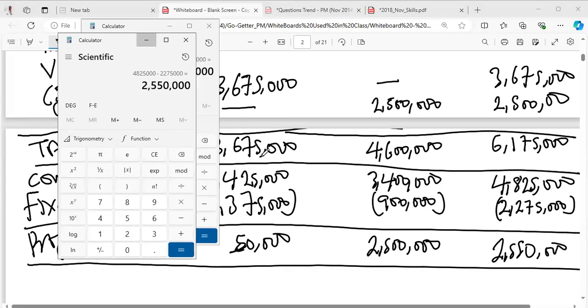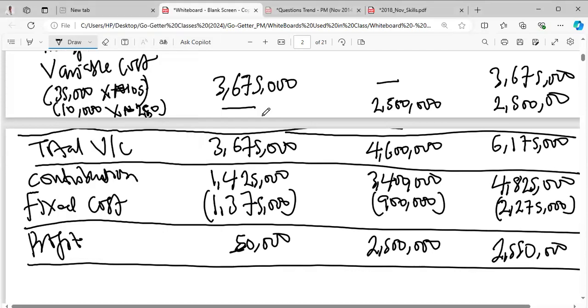So we've done the first group, and they particularly asked for the profit of each group, for the profit of each division.